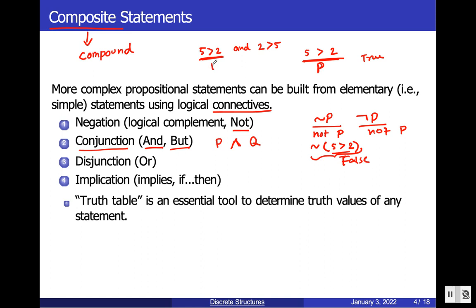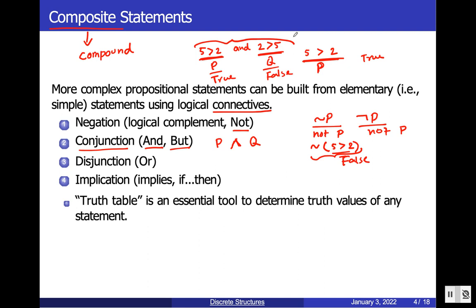Let's say this one is P and this one is another elementary statement, Q. Now the value of P, 5 is greater than 2, we know that it's true, and 2 greater than 5 is actually false. We can create a compound statement using these, and altogether that's one compound statement.